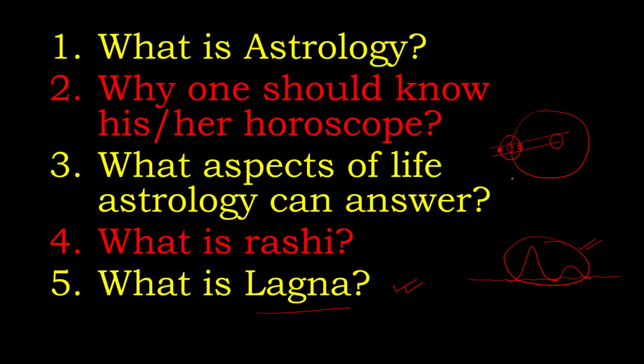And we know that 60% of the human body consists of water. So if during the full moon or new moon period the water of the sea surface has tide, then what will happen to the 60% water in our body?